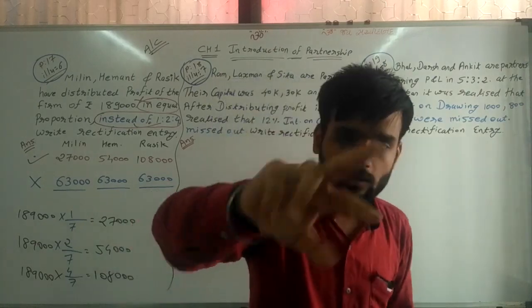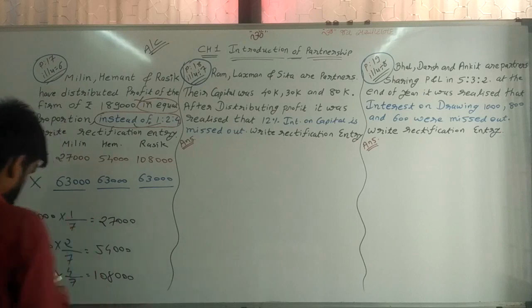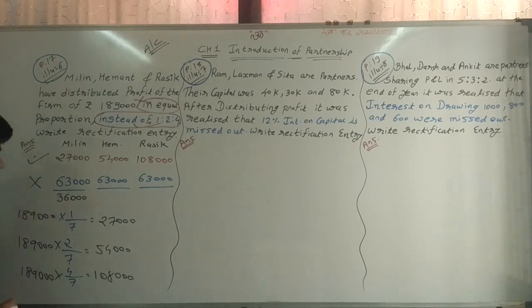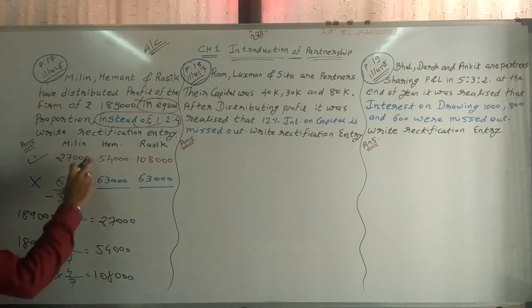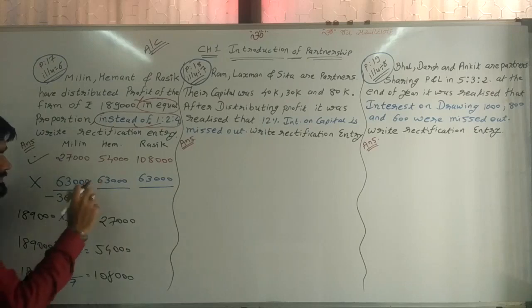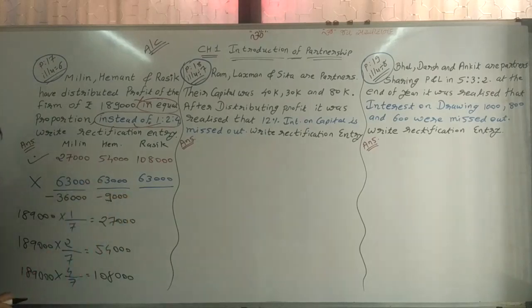So difference of both is 36,000. 27 minus 63 minus 36,000. Here 54 minus 63 minus 9,000.